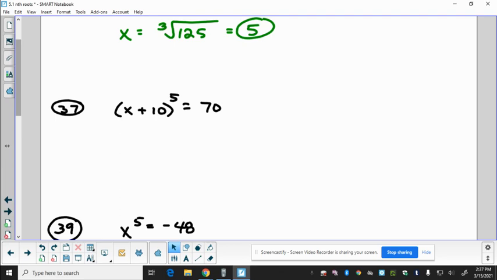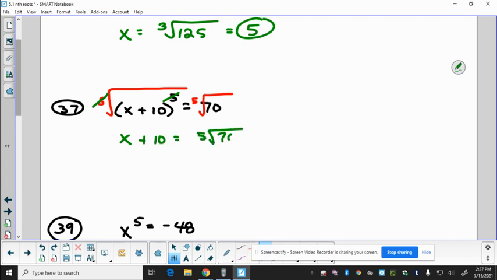37. Okay, remember, do not subtract 10 first, right? We're going to do a 5th root instead. So that cancels those out. Now, I don't know about you, but I don't know what the 5th root of 70 is.